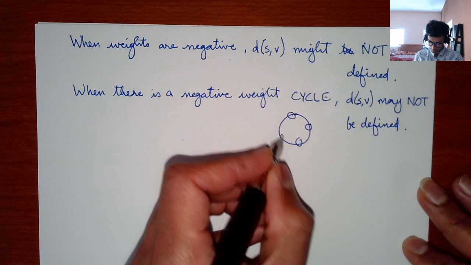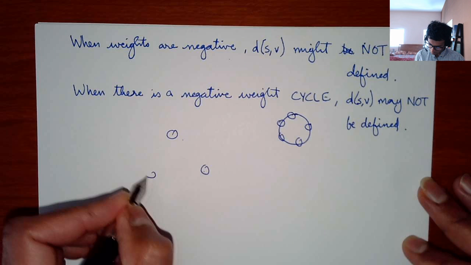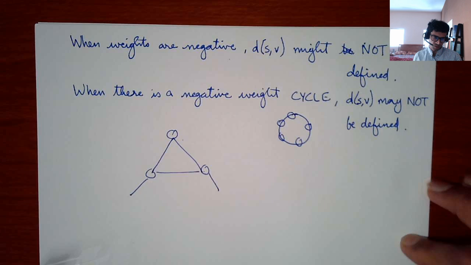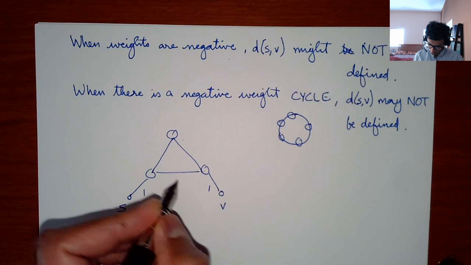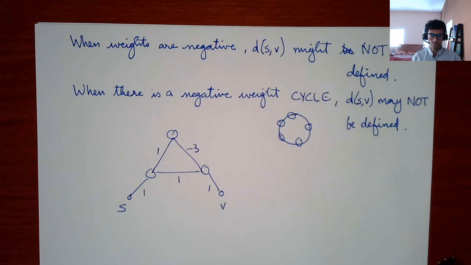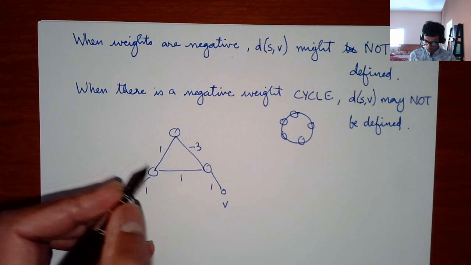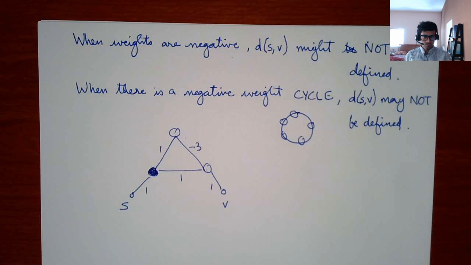That's a cycle. Now, to give you an example, here's a graph, and the graph is actually undirected. So here's S and here's V, and let's say the weights of these edges are all 1, and the weight of this edge is -3. Now the problem is there isn't a properly defined shortest path, because if you go from S and you go to this vertex, which is shaded here, every time you follow the cycle, the length goes down by 1, right?